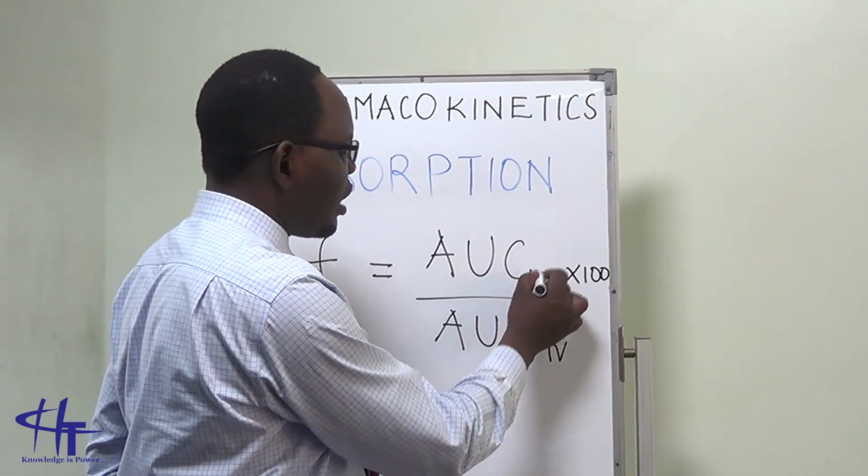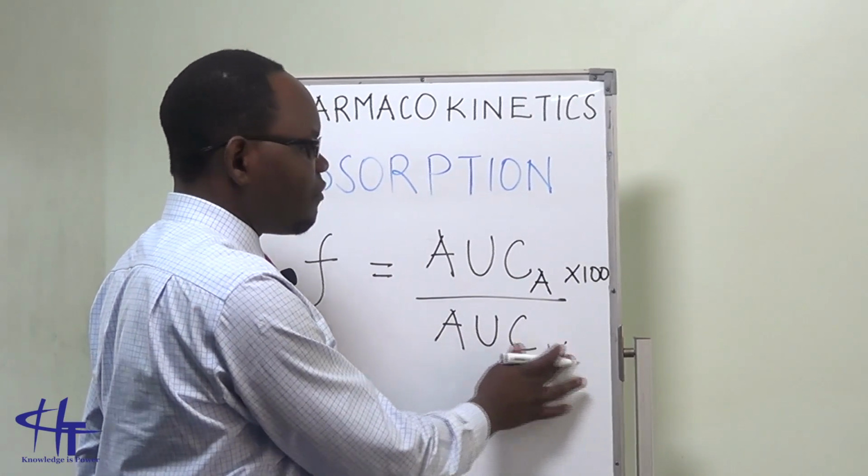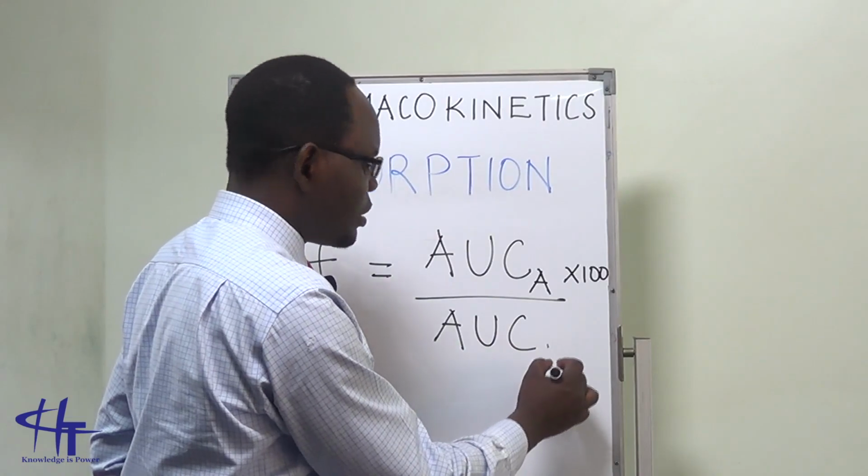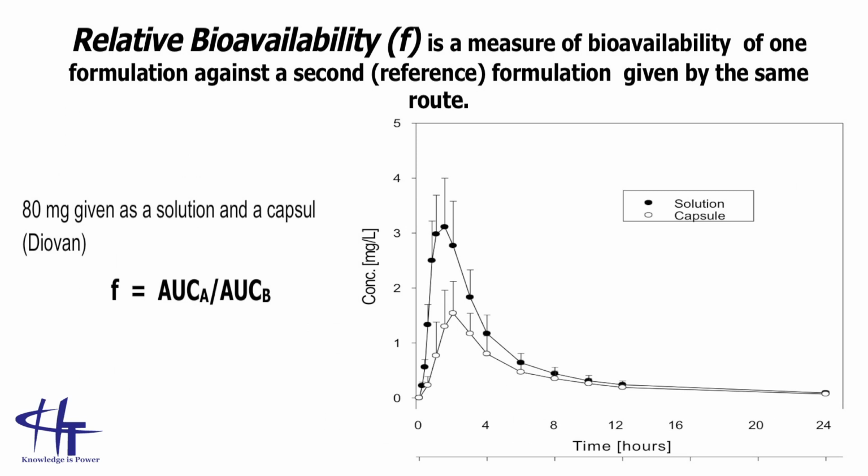that drug A divided by the area under curve of that drug B. Drug A is the one that has that inner curve. So drug A is actually the capsule, and drug B is the solution. So that's basically how you determine what we refer to as the relative bioavailability.